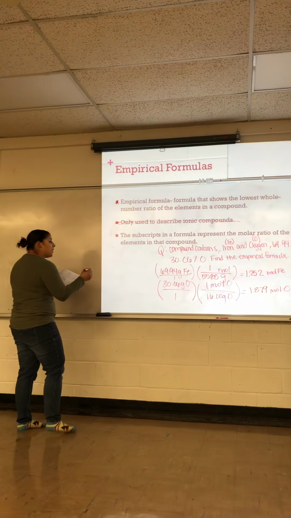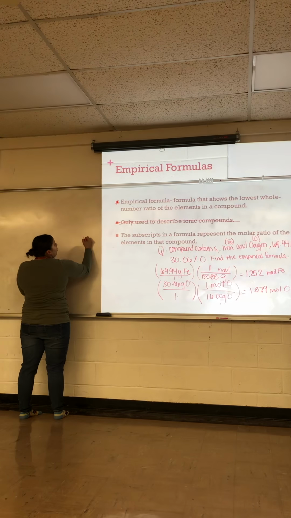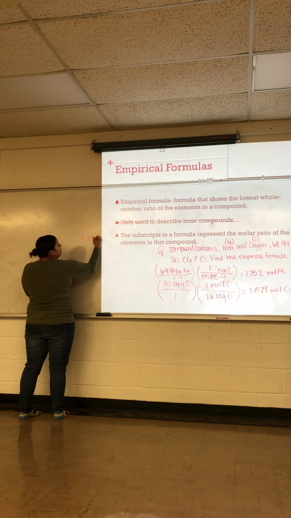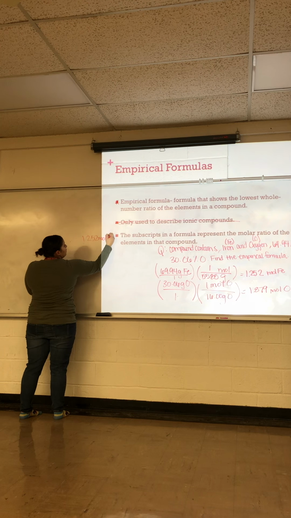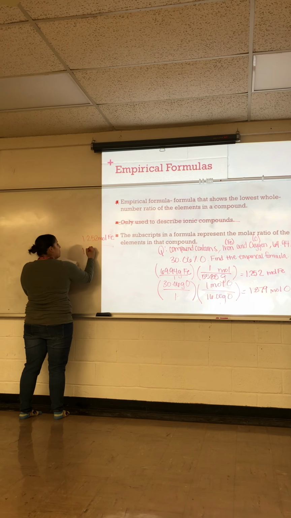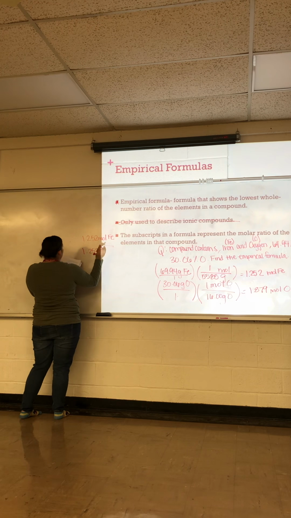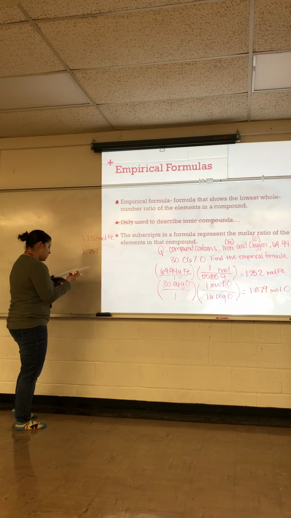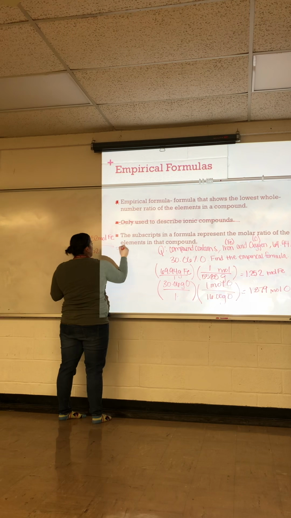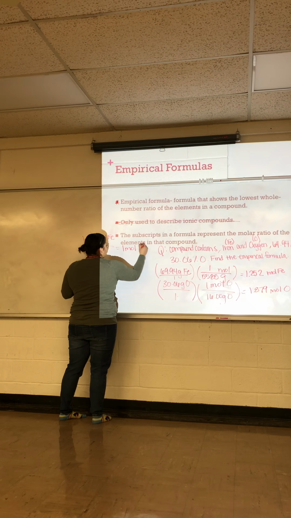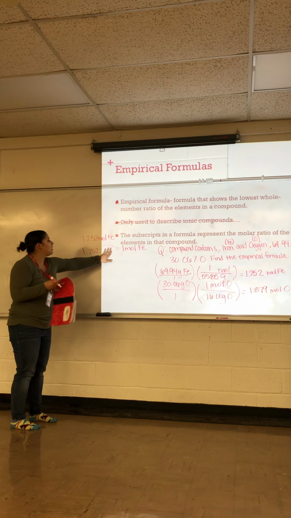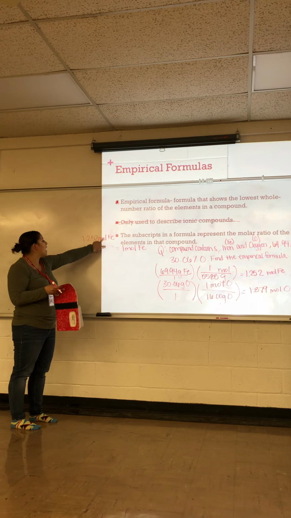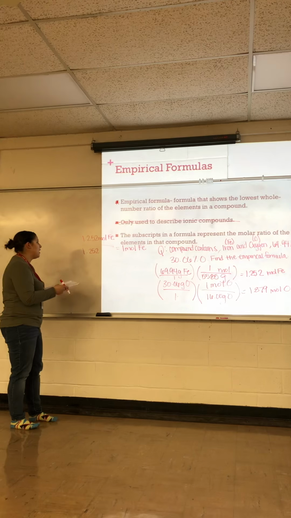So now step 3, what you're going to do is take 1.252 moles of Fe divided by 1.252, no moles or anything. You're just going to divide the two, and you get 1 mole of Fe. Notice I don't have anything at the bottom, no units, so that's why the moles of Fe did not cancel out.